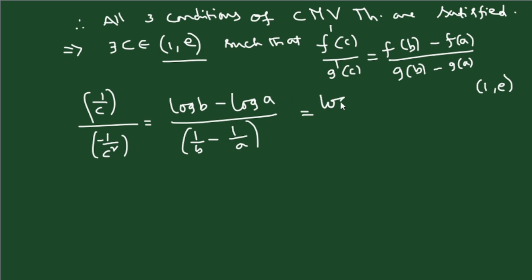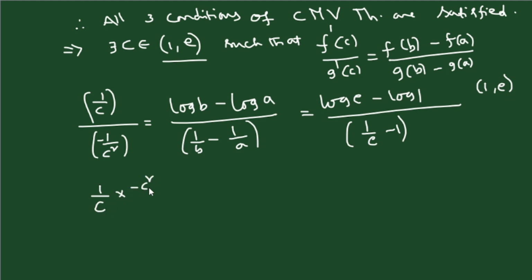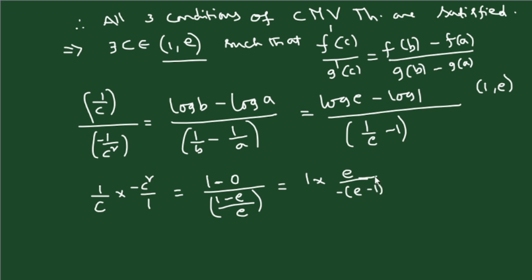Therefore, log e minus log 1 by 1 by e minus 1. So this is 1 by c multiplied by minus c square by 1 equal to log e is 1 minus log 1 is 0, divided by 1 minus e by e. This is 1 into e by 1 minus e. I write it as minus of e minus 1 because e is greater than 1.